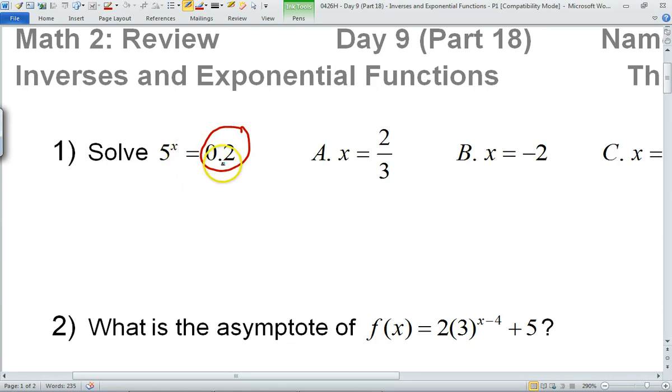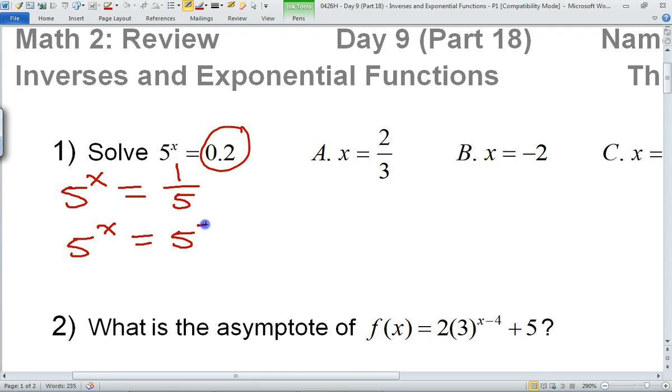So you could type in 0.2 into your calculator, hit the toggle key, and so you wind up seeing that this is 5 to the x power equals what? This is 1/5. Okay? Now, I need it to just be 5 to a power. So how can I write 1/5 as 5 with a power?